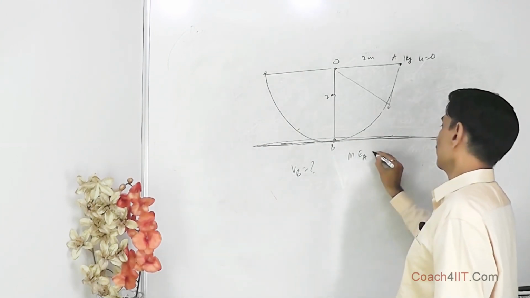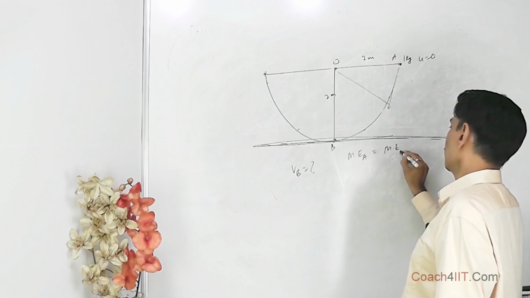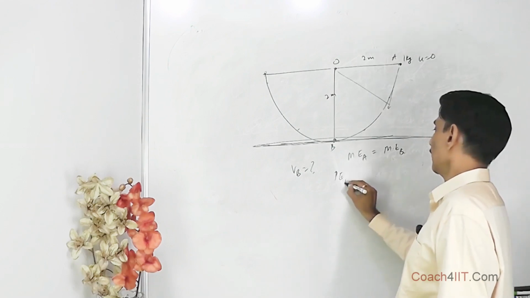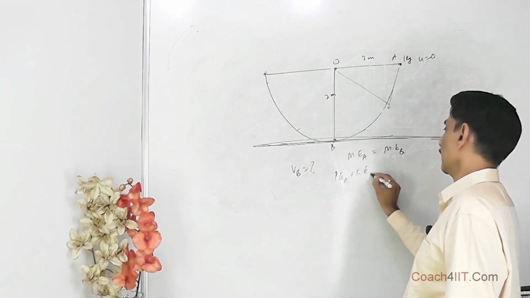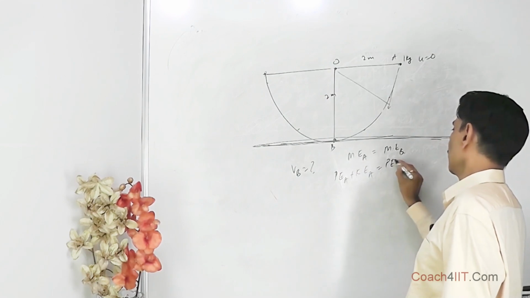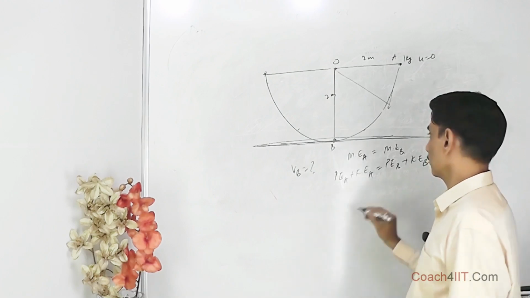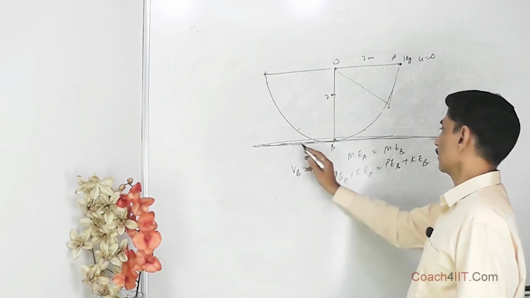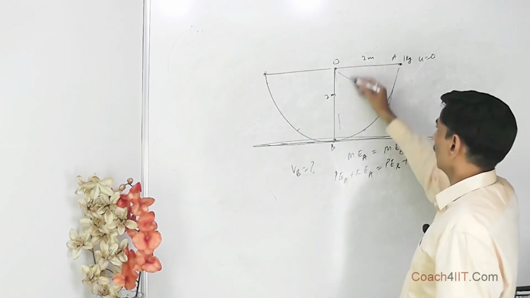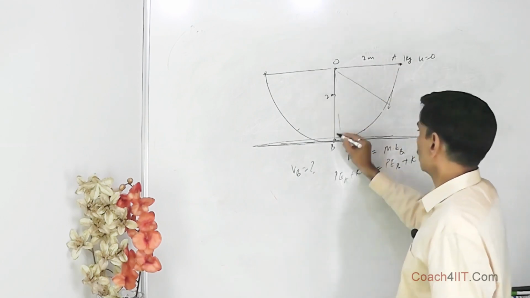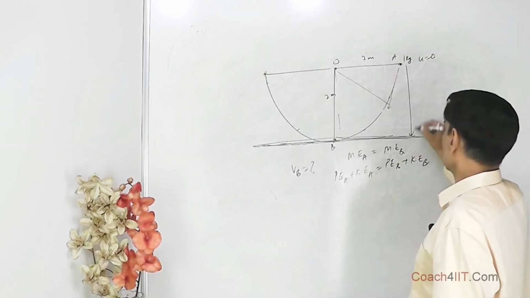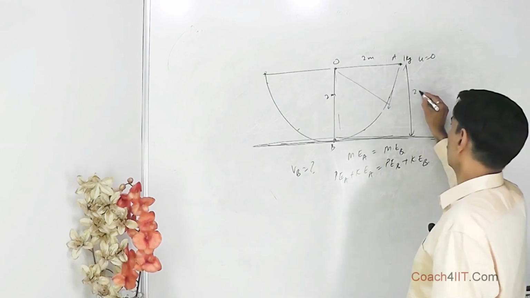Since there are no dissipative forces, we can say the total mechanical energy at A is equal to the total mechanical energy at B. So potential energy at A plus kinetic energy at A is equal to potential energy at B plus kinetic energy at B. We have done this in circular motion also, in motion of a vertical circle. Here the length of the string, 2 meter, remains the same, so the height at A is also 2 meter.